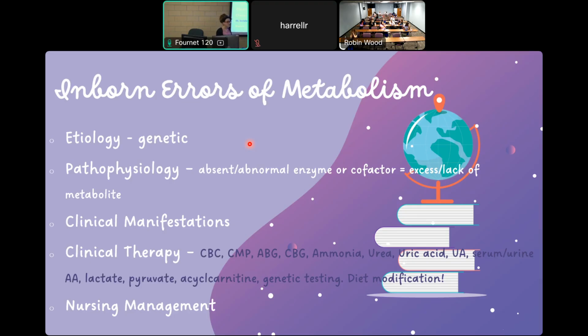So if the baby has not taken in enough oral intake, maybe we're breastfeeding and it's not going great, the baby hasn't taken in a whole lot orally for metabolism to have taken effect and for metabolites to rise high enough in their bloodstream to screen positive, they can have one of these disorders but not screen positive for it because they haven't had enough carb load, if that makes sense.